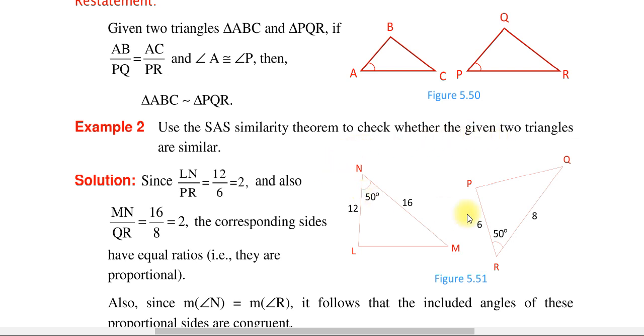ለምሳሌ እነዚህን ትራያንግሎች እናያቸው ሲሚላር መሆን አለመሆናቸውን። ስለዚህ እንዴት ነው ቼክ የምናደርገው? LN over PR, that means 12 over 6 which is equal to 2, and MN over QR, that's 16 over 8 which is equal to 2.